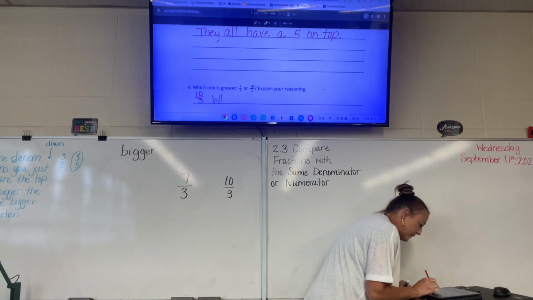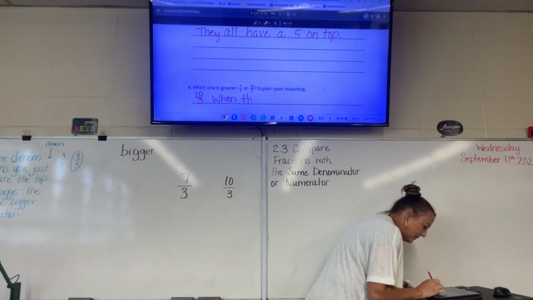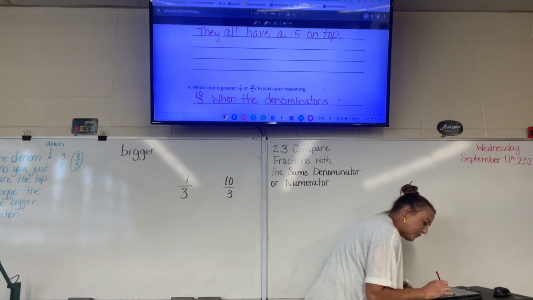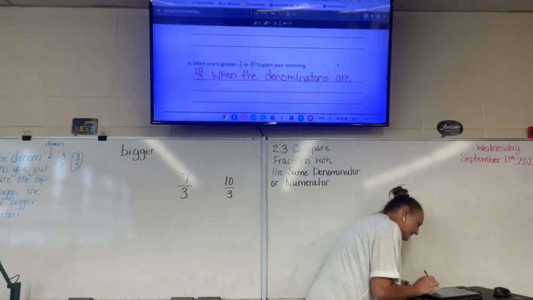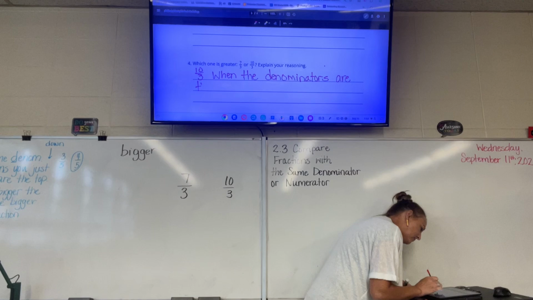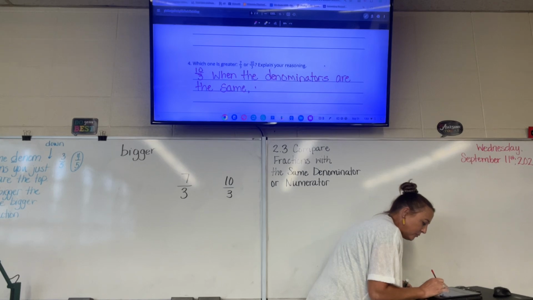Copy this down. When the denominators, plural denominators, let's put the water bottles up for now. When the denominators are the same, we compare the numerators.